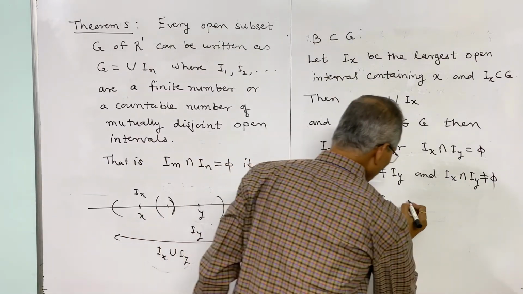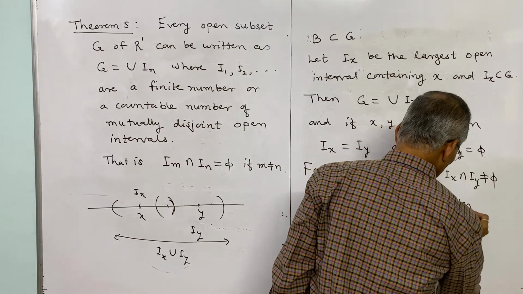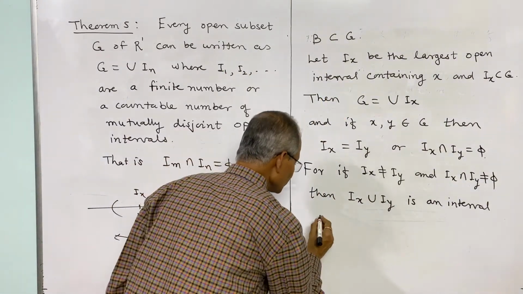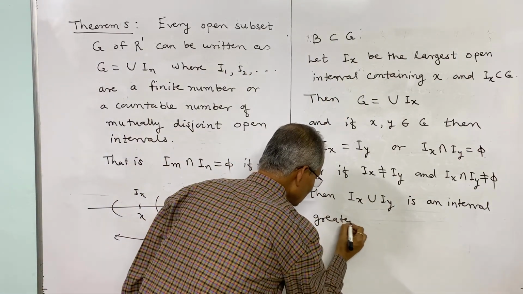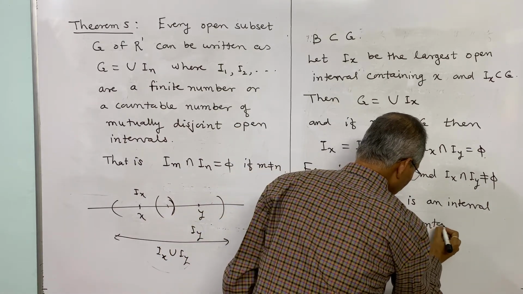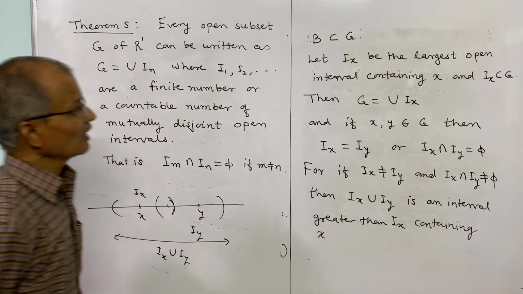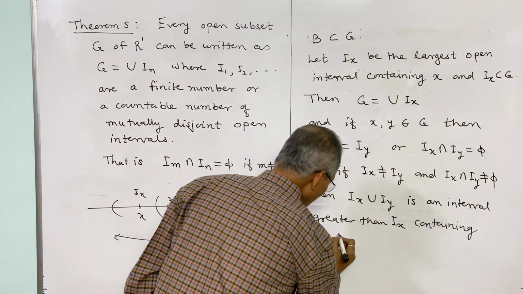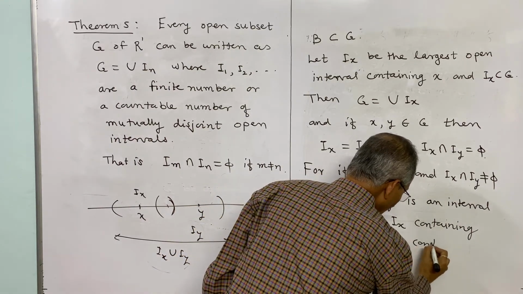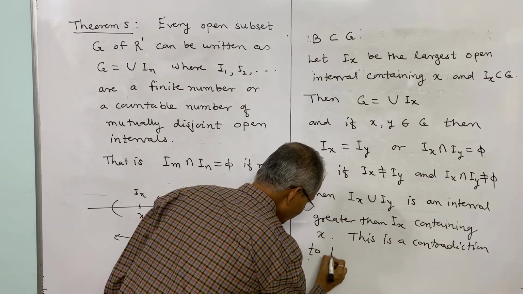Then there is an interval greater than Ix containing x and a subset of G. So this is a contradiction to the definition of Ix.